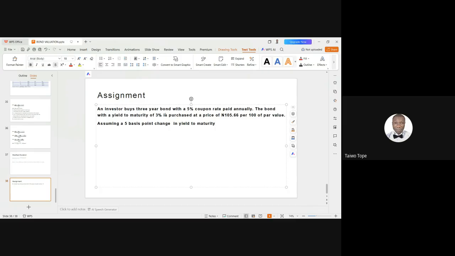This 5 basis point change. 5 basis point is what?